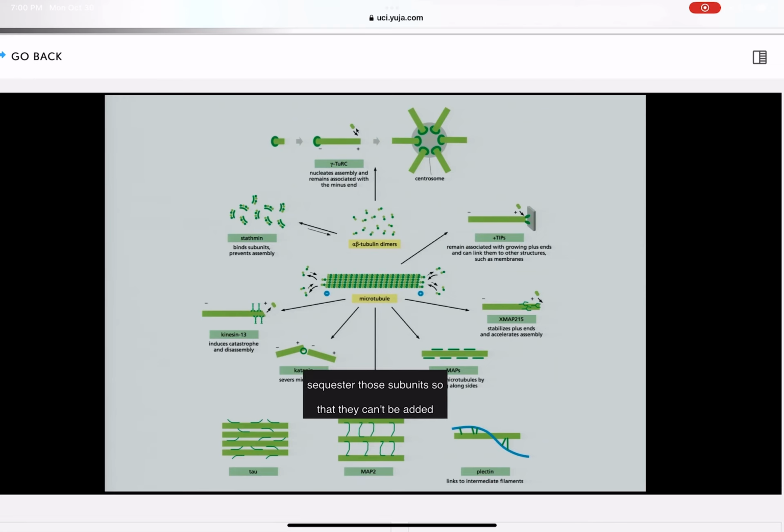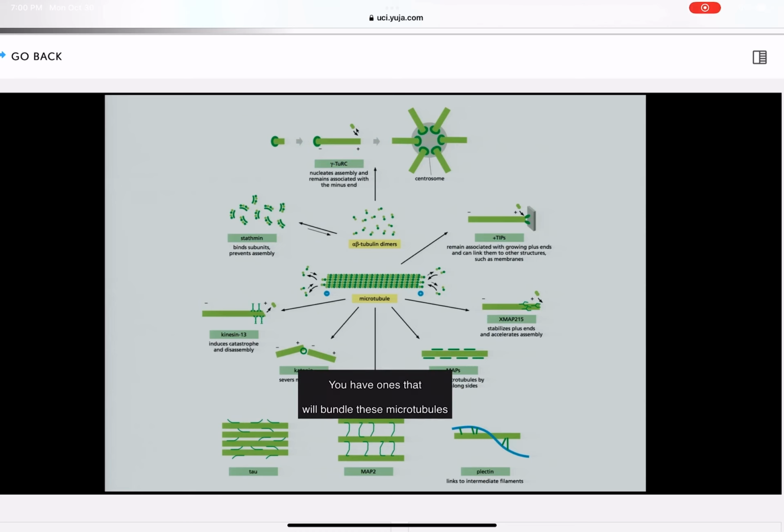All right, so just like actin, microtubules have a lot of accessory proteins that do a lot of things. They have ones that, for instance, sequester those subunits so that they can't be added onto the growing microtubule. You have ones that are nucleators to help promote the polymerization. You have things that will attach the microtubules to other structures such as the membrane.